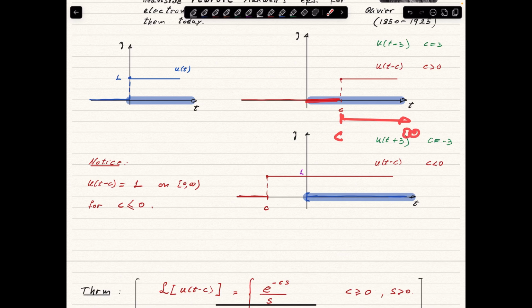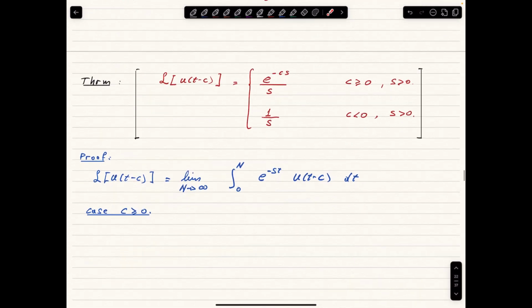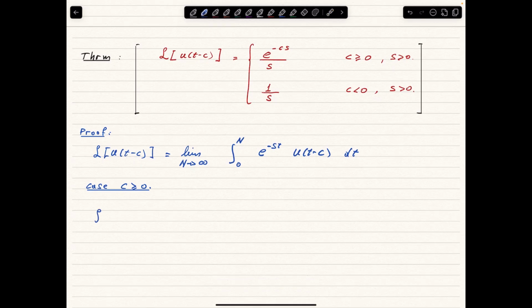And notice that on that interval the function takes value 1. So this is going to be the Laplace transform of the step t minus c. Recall c now is non-negative.